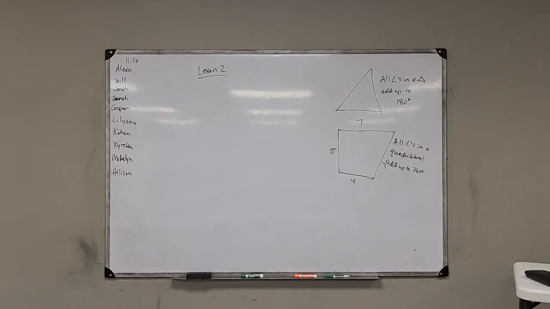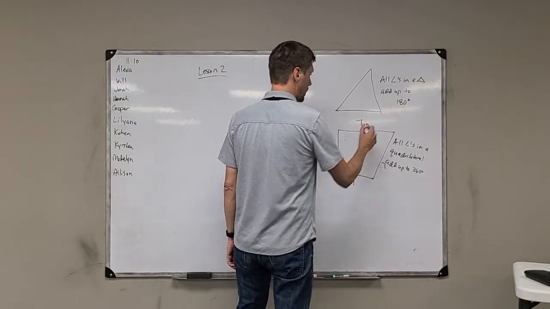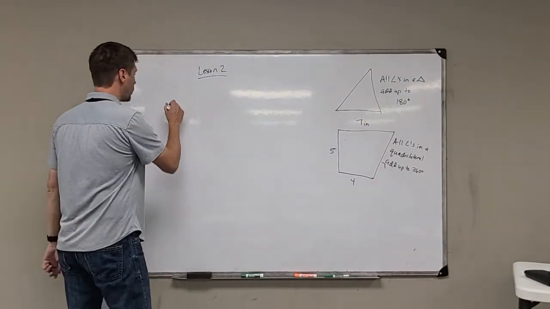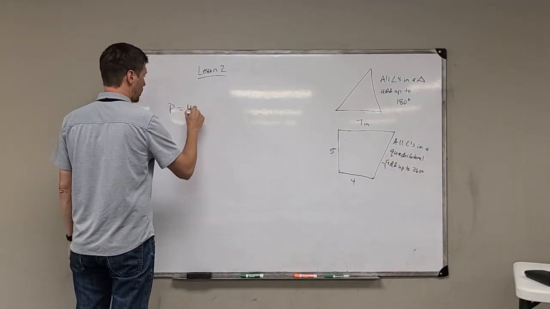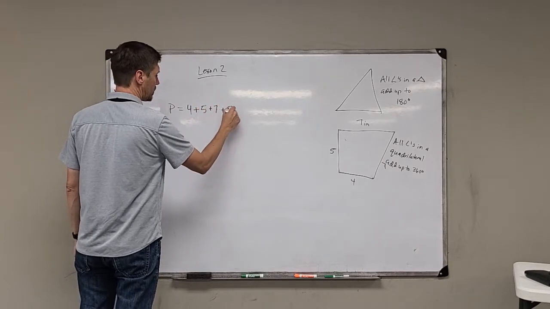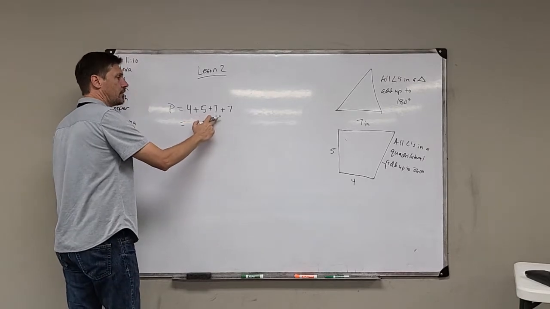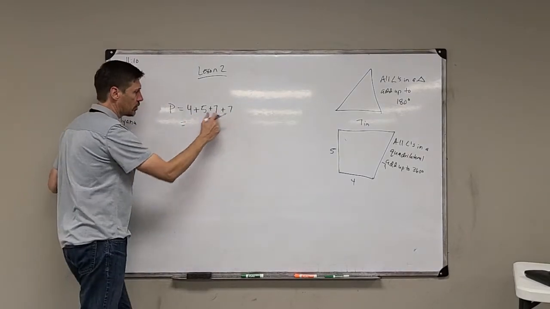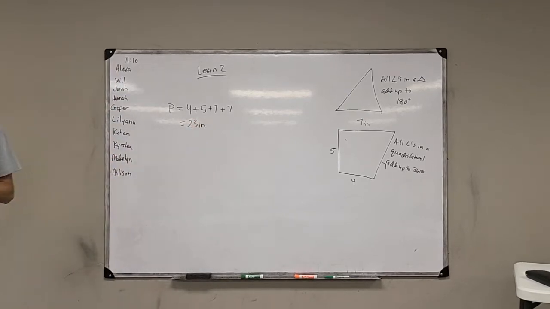Yeah, you just add up all the lengths of the sides. So if we told you that the length of the sides was in inches, then the perimeter of that figure would be, we could start anywhere. We'll start at the bottom, 4, and we'll work our way around. 4 plus 5 plus 7 plus 7, right? And so that's 4 plus 5 is 9, plus 7 is 16, plus 7 is 23, and so we would say that the perimeter of that quadrilateral is 23 inches.